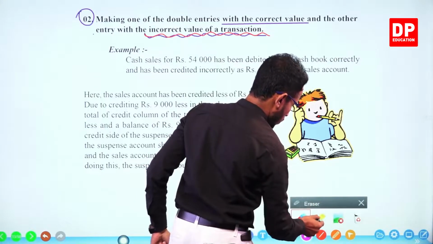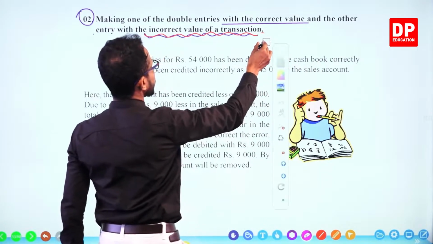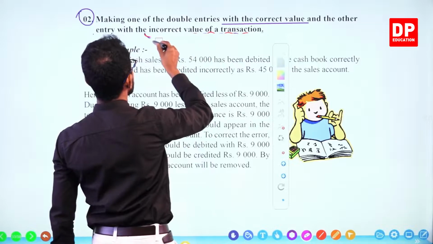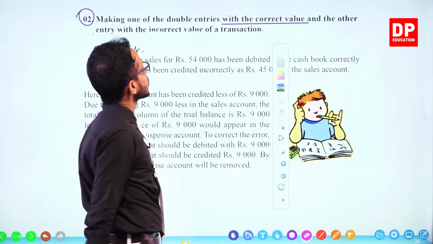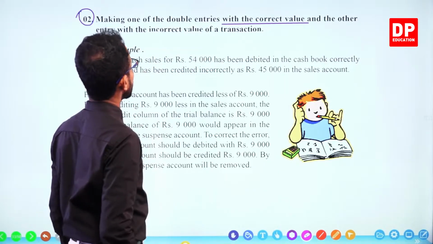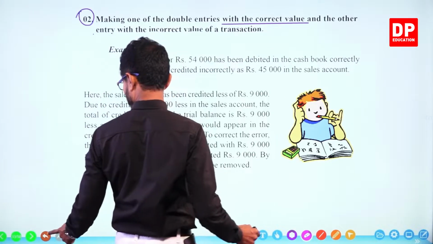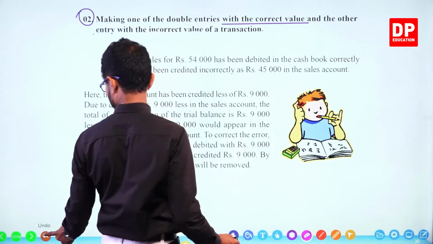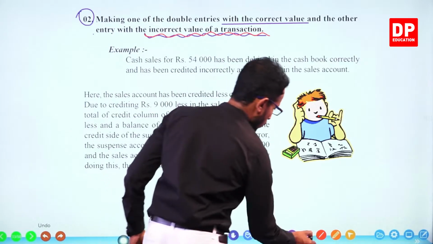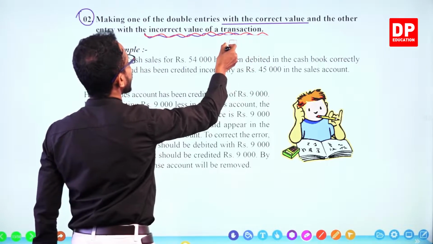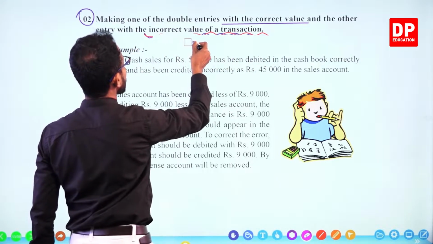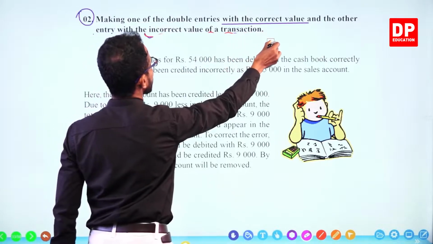It's better if we can take an example straight away. Shall we take the same example given here?